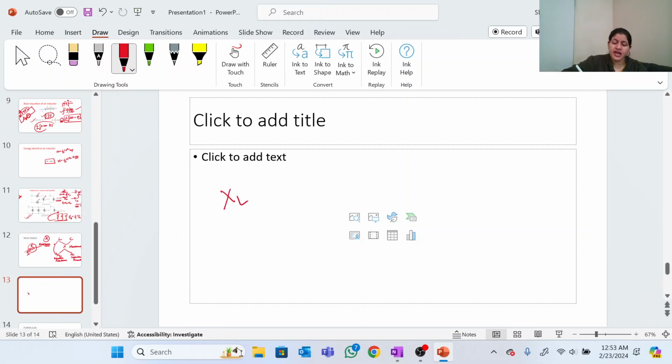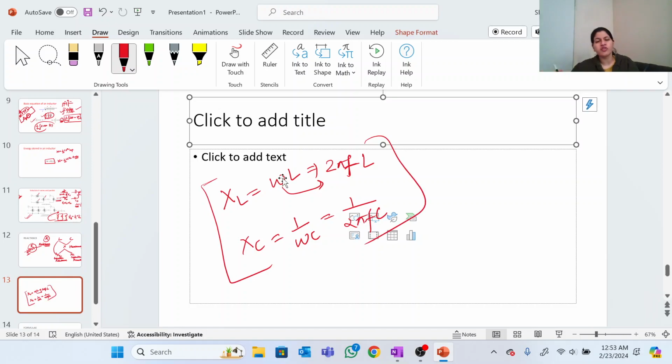The two have very important formulas. XL is omega L, and XC is 1 upon omega C. Omega is the angular frequency, which is 2 pi f, where f is the normal frequency. So XL is 2 pi fL and XC is 1 upon 2 pi fC. These are the two formulas you need to remember regarding inductive reactance and capacitive reactance.